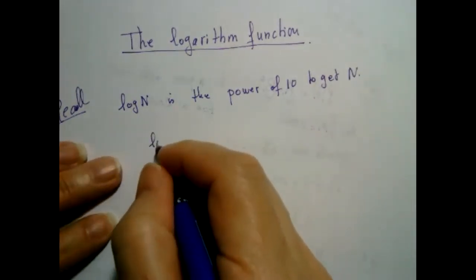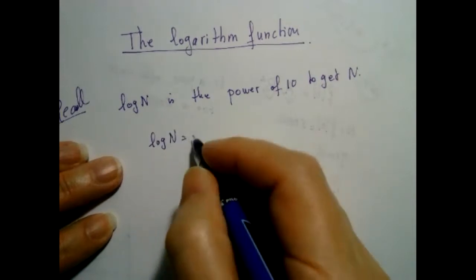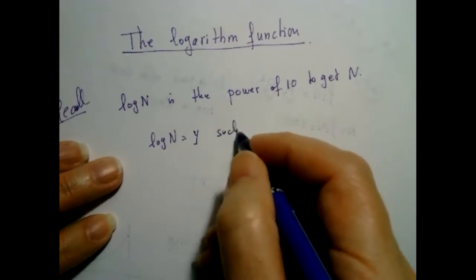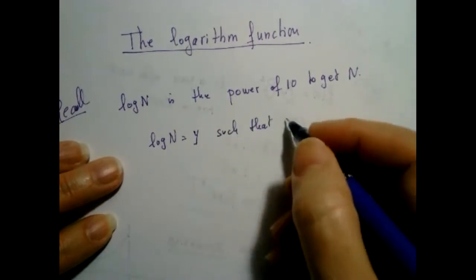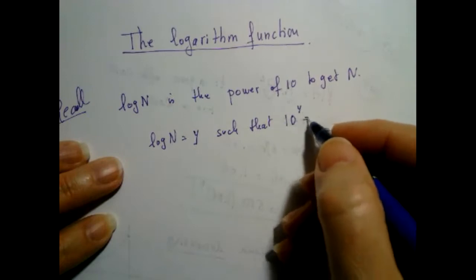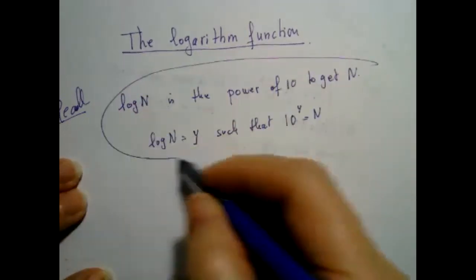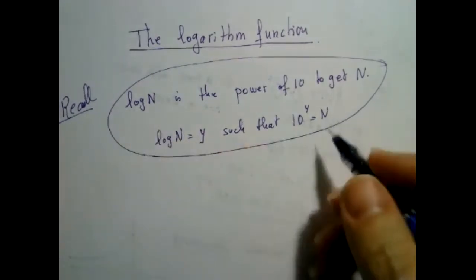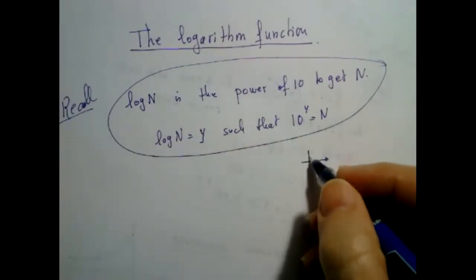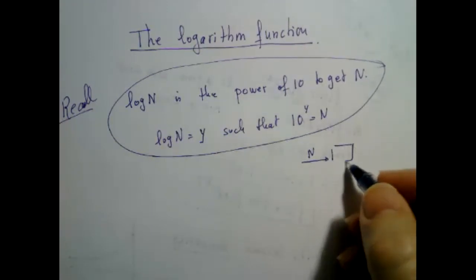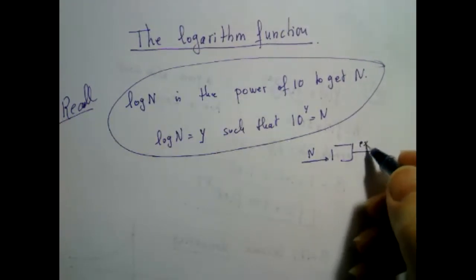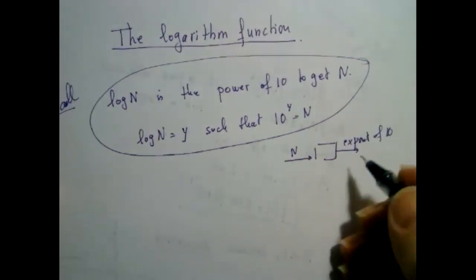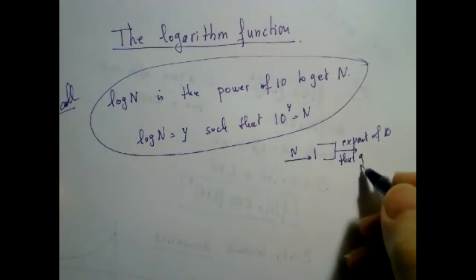So log of n is the number y with the property that if I take 10 to this number, I get n back. This is a function. You give it a number n as an input, and the output is the exponent of 10 that gives n.